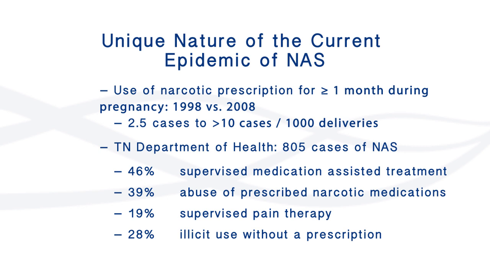Importantly, the Tennessee Department of Health recently published a study in which they evaluated 805 cases of neonatal abstinence syndrome. In 46% of those cases, the women were on supervised medication-assisted treatment, most often methadone. 39% of the cases were because of abuse of prescribed narcotic medications, and 19% of the women were on supervised pain therapy.